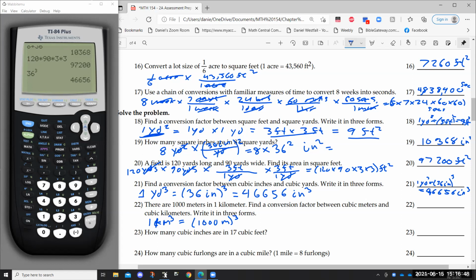And so 1,000 is 10 to the third, so cubed it's 10 to the 9th, that is 1 billion cubic meters. 1 times 10 to the 9th cubic meters is how I'm going to write that.